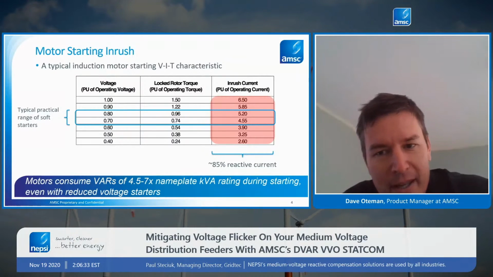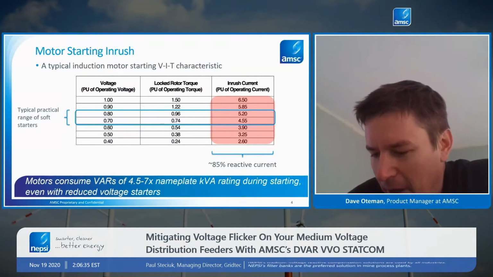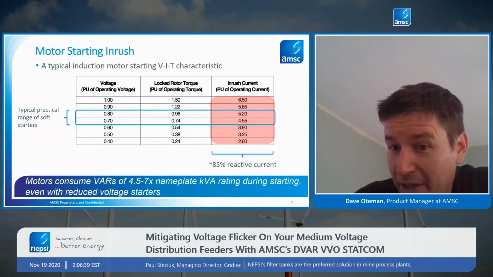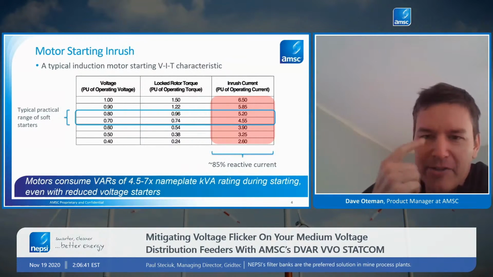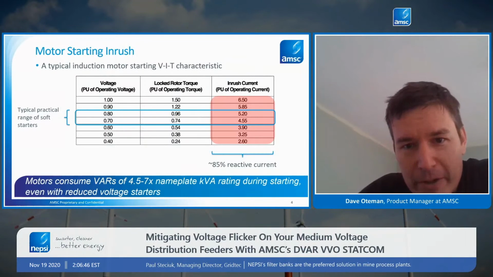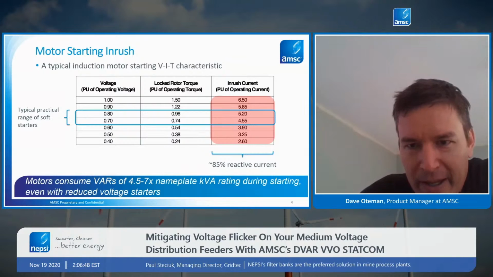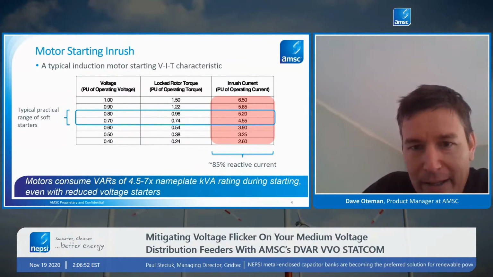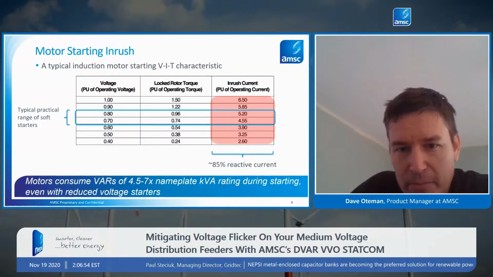One of them is that there is a substantial amount of inrush when the induction machine is started. This chart shows the voltage versus locked rotor torque versus the inrush current of a typical Class B type induction motor.